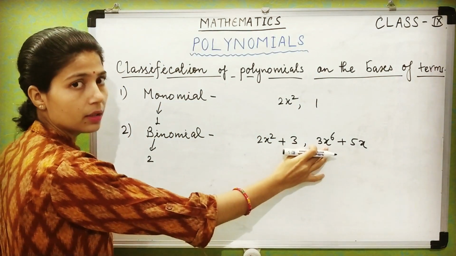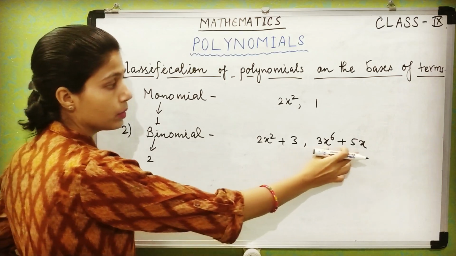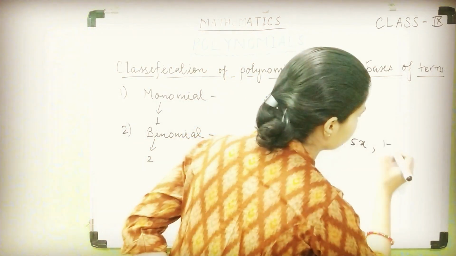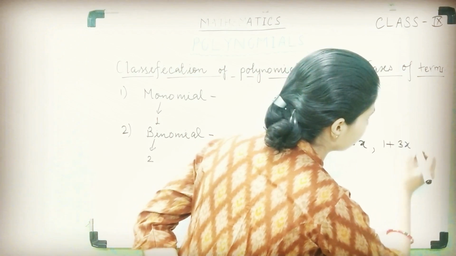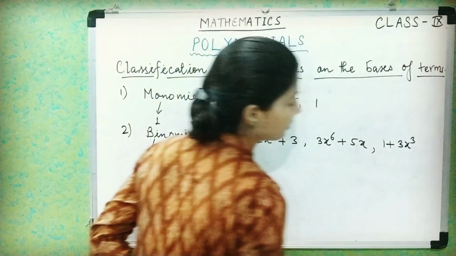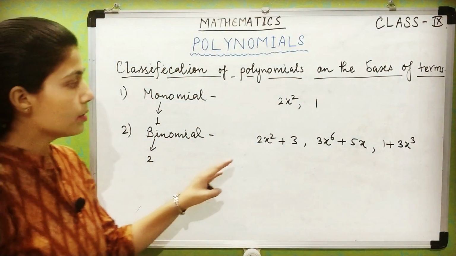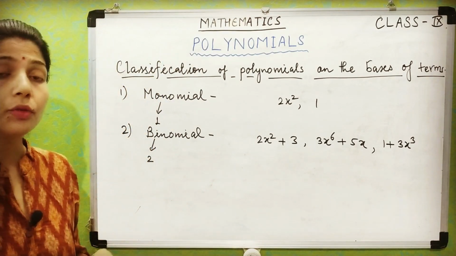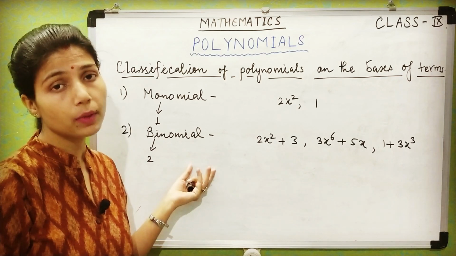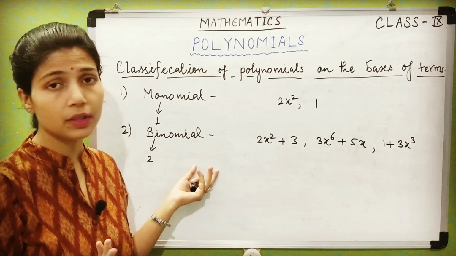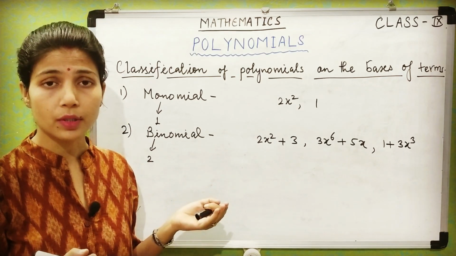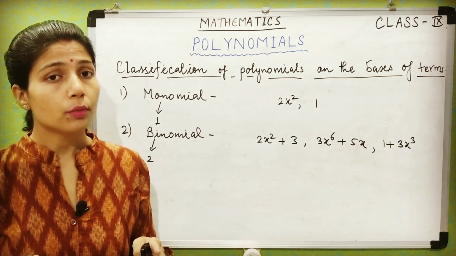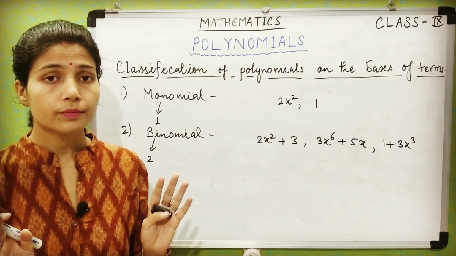This is a binomial because it has 2 terms. You can frame polynomials by yourself because you know the definition of polynomial and how it is formed. So any polynomial you can make by your choice.